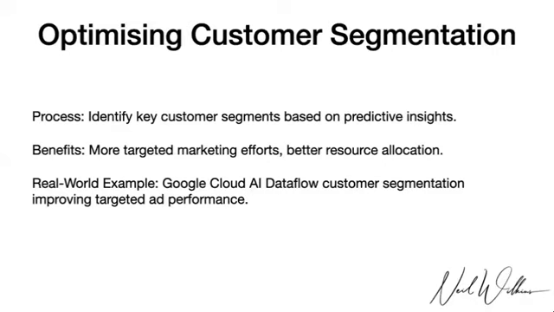And if we're basing those on predictive insights, not just a hope and a prayer, not just on a whim, but on a data and textual-based historic record that we've analyzed to enable more targeted marketing efforts and better resource allocation, then we are going to see improved performance over a whole variety of different aspects of the campaigns and the communications that we do.